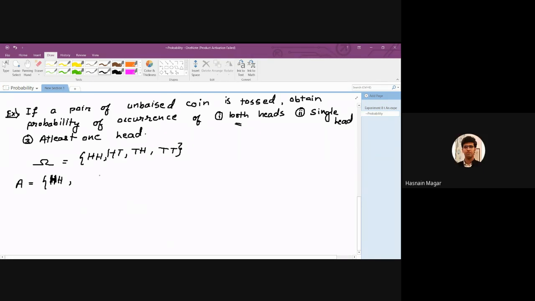The second event B, single head: HT and TH.